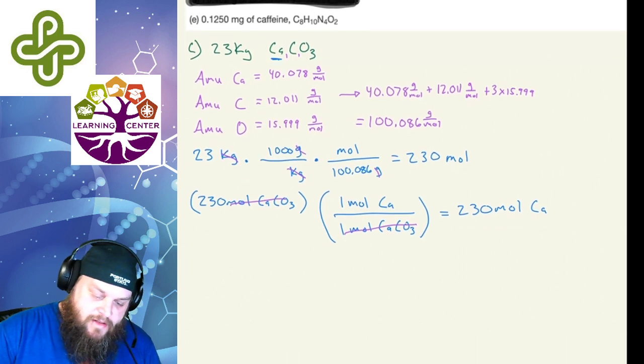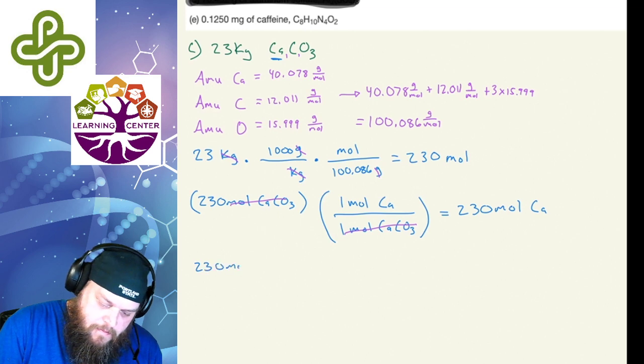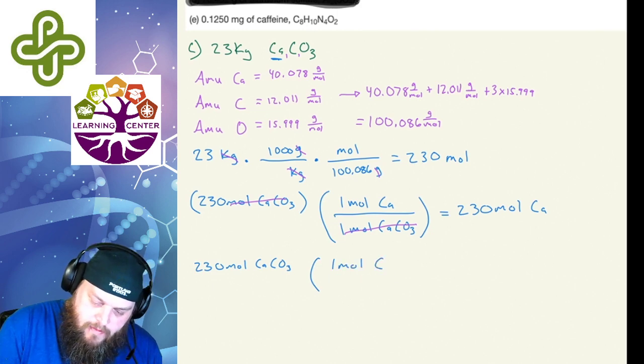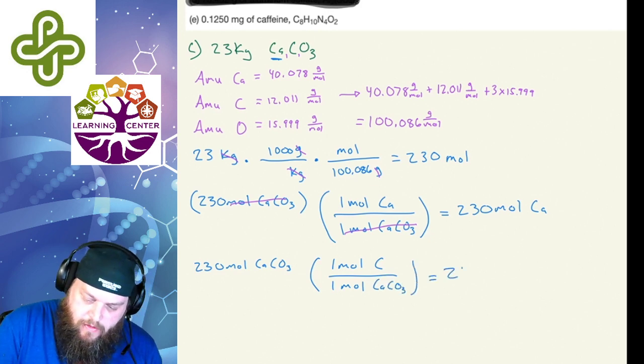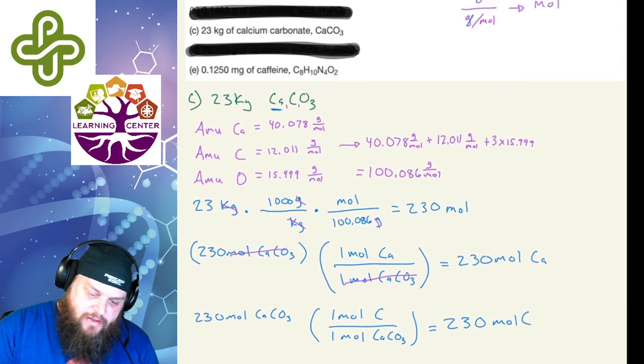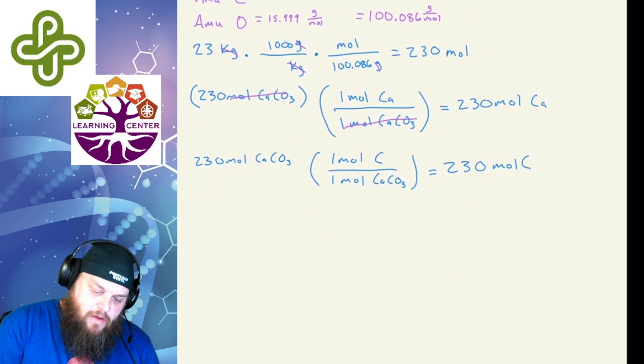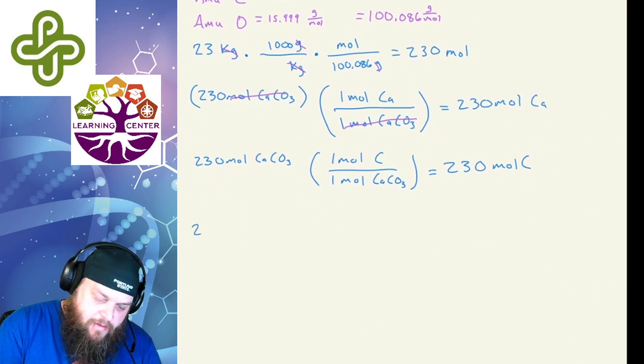And we're going to do that the same with carbon. It'll be exactly the same because the ratio is the same. 1 mole of carbon divided by 1 mole calcium carbonate, which is going to be equal to 230 moles of carbon. The last one is oxygen. The oxygen, we said, had 3 in there. So our mole to mole ratio for that is going to be different.